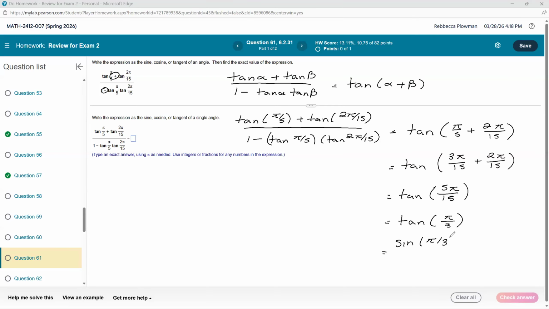So it's just sine of pi over 3 and cosine of pi over 3, which is 60 degrees. So that is going to be square root of 3 over 2 divided by 1/2, which simplifies into square root of 3.